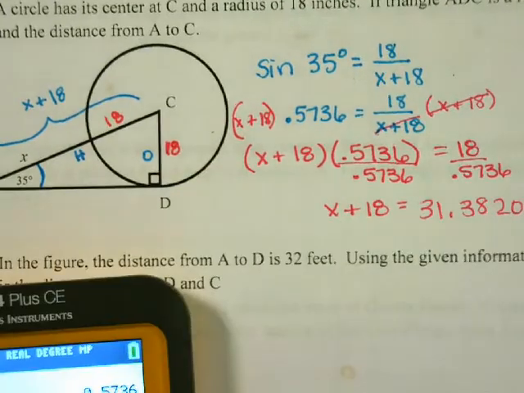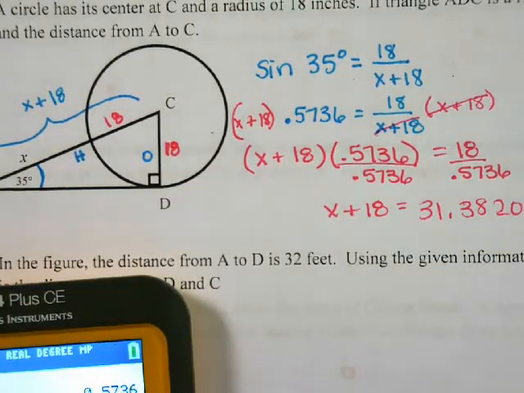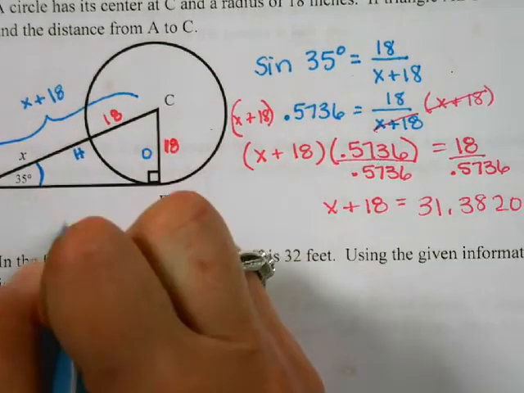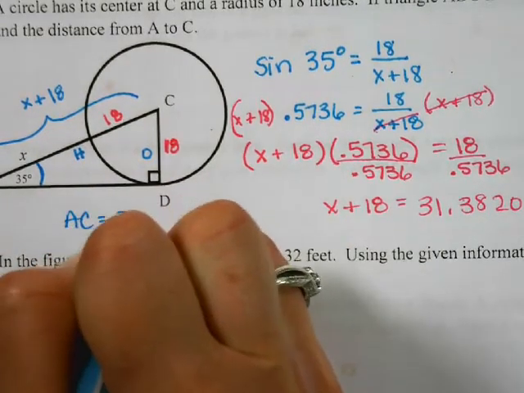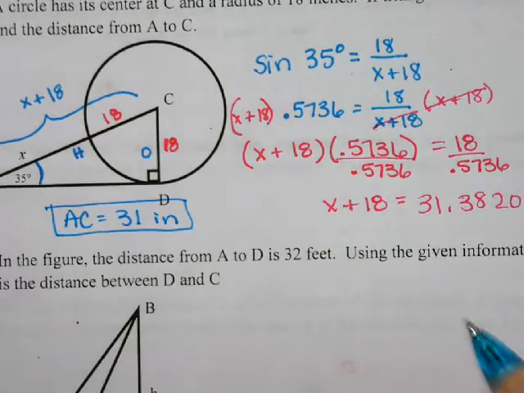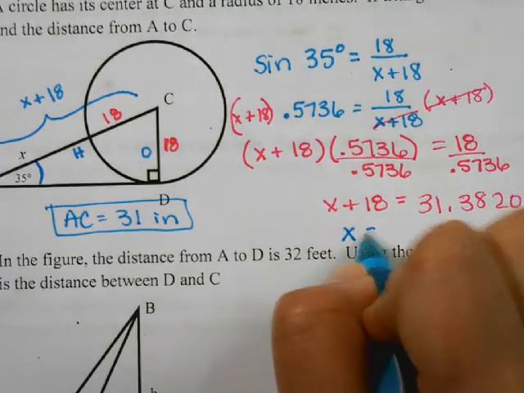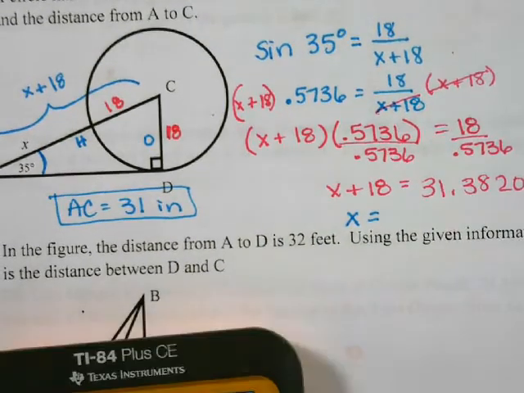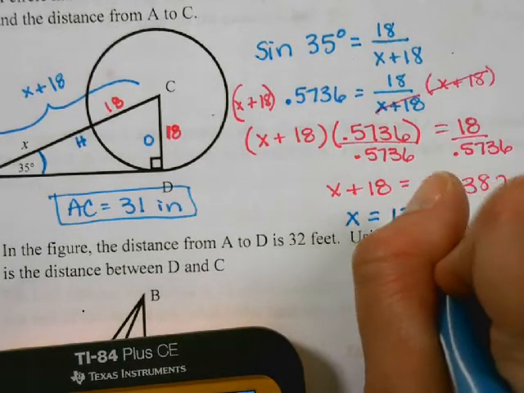So the whole hypotenuse is how long? 31 inches, right? That's the whole hypotenuse. What's x? 31 minus 18, right? So 13 inches.